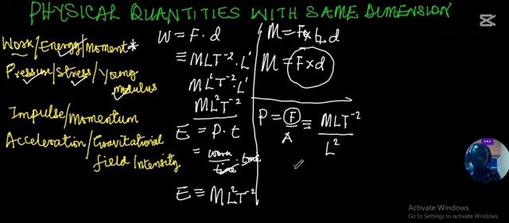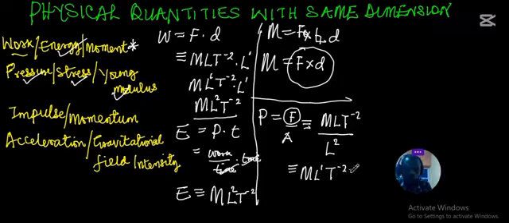This will automatically give us MLT^-2 times L^-2.